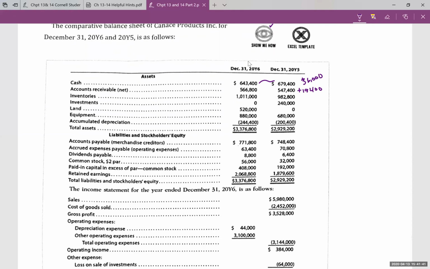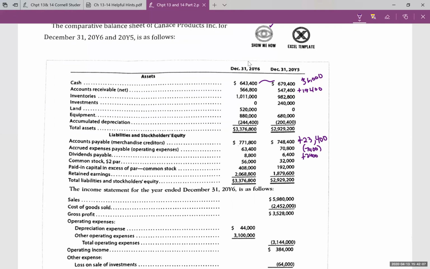So then we have some other types of things here. There's a couple other things I want to point out. Accounts payable has increased 23,400. The accrued expenses payable, there's a difference there of 7,400. The dividends payable plus 2,400.